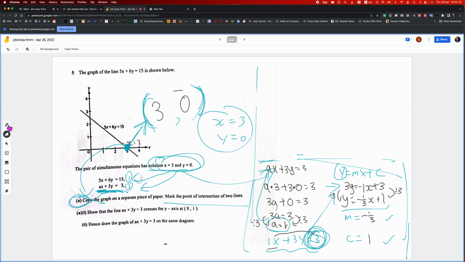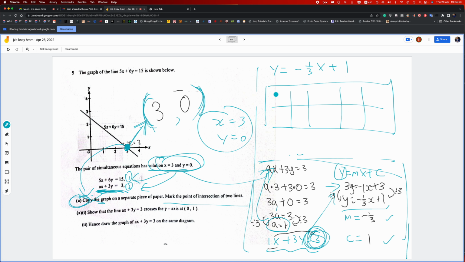How do you draw? Y equals to 1/3 x plus 1. How do you draw? You give yourself a table, right? X and Y. So when x equals to 0, what's your Y? You are drawing this.